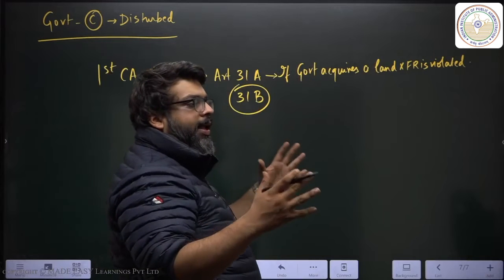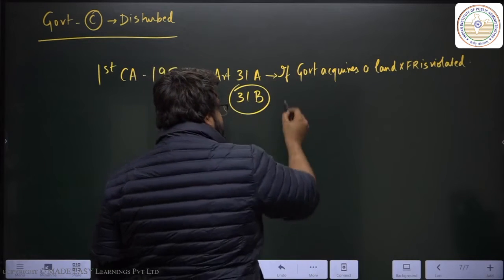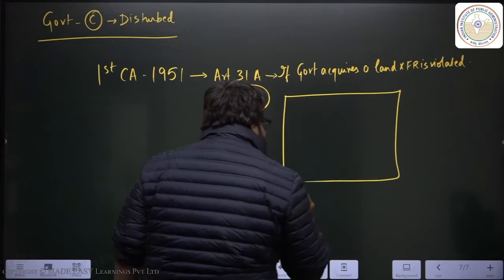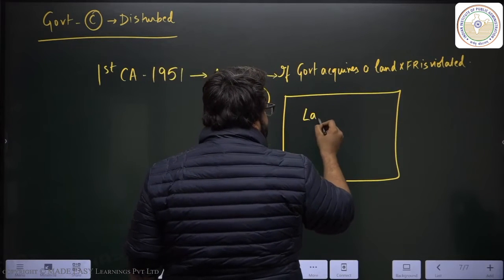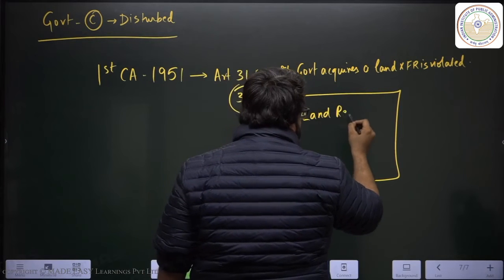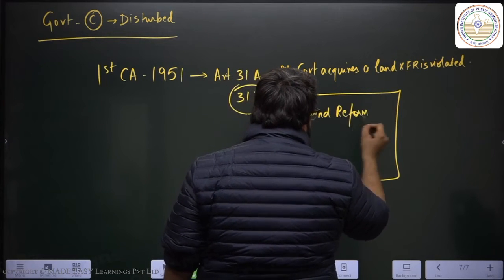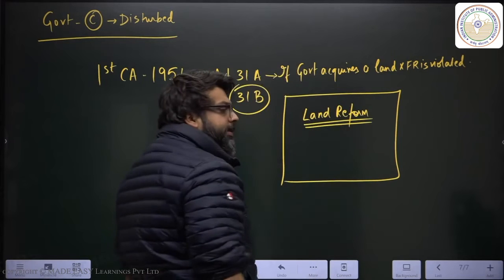Now, we'll go to the market. We'll get a big box. And in this box, we will add all these land reform laws. And what will be the best feature of this?